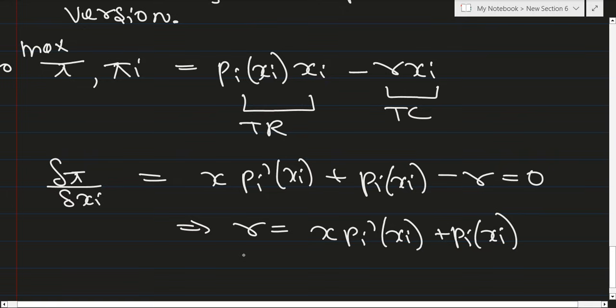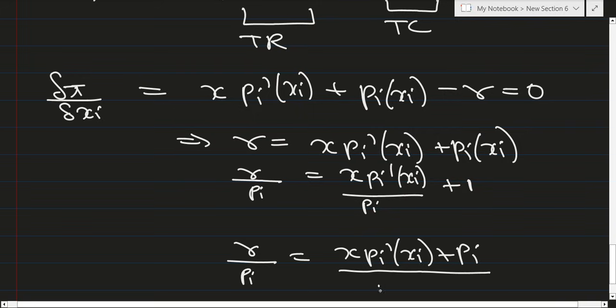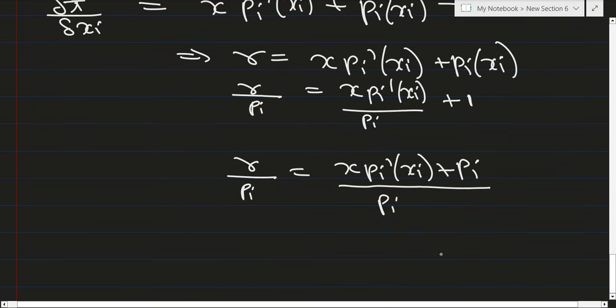Okay, now divide both sides by Pi. We get Xi Pi dash Xi over Pi plus 1. We divide by Pi as a function of Xi. Now what we can do is simplify it further. Xi Pi dash Xi plus Pi, we are taking the LCM. Pardon my handwriting.